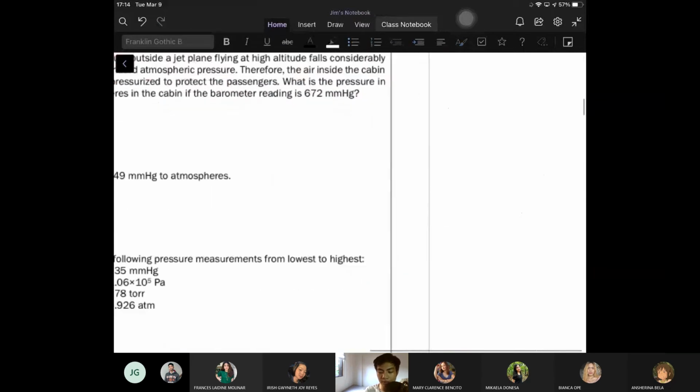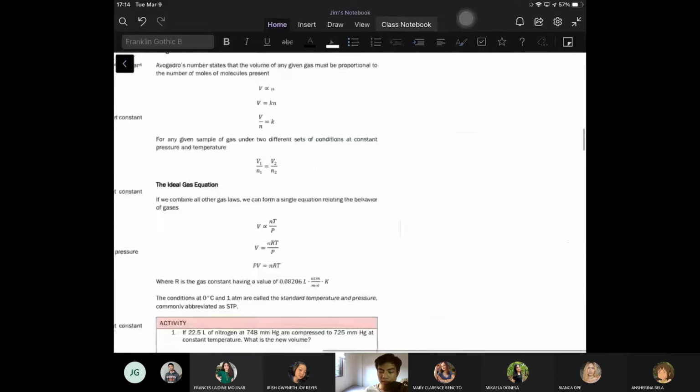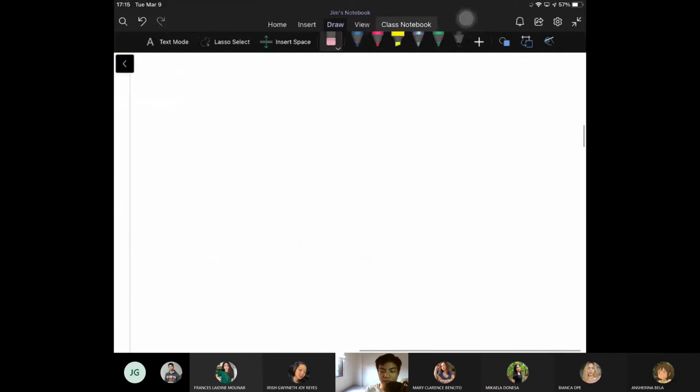Okay, so again, ano yung mga nakwentuhan na natin? So, ang nakwentuhan na natin ay ang mga sumusunod. Okay. So, napag-usapan natin si Boyle. Sabi ni Boyle, P1V1 equals P2V2. Yan si Boyle. Okay.